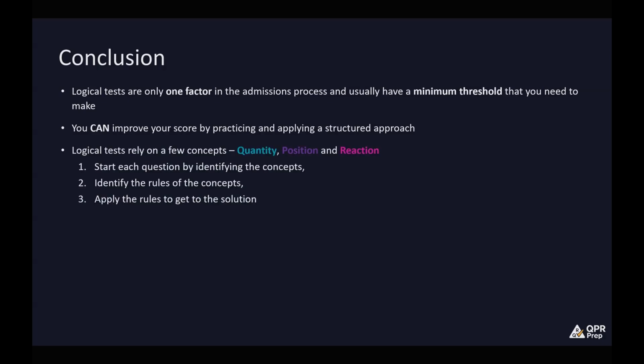Logical tests rely on a few concepts: quantity, position, and reaction. Start each question by identifying the concepts and the rules of the concepts. Then apply these rules as a solution to the problem. QPR is a simple and straightforward method, and it works very well on logical tests.